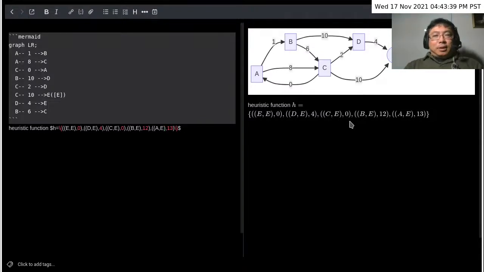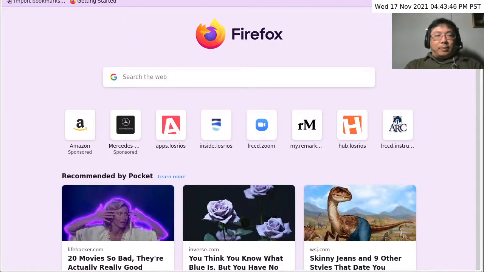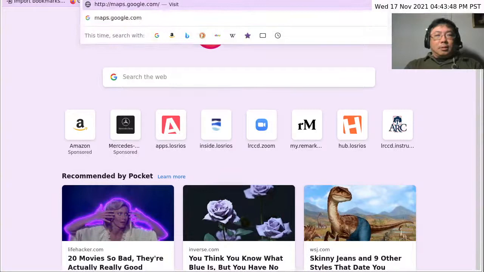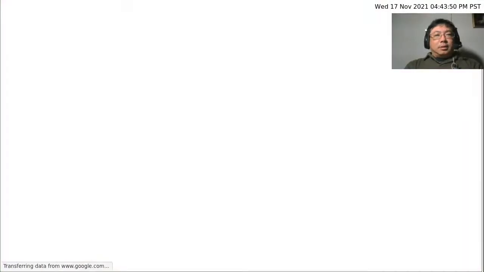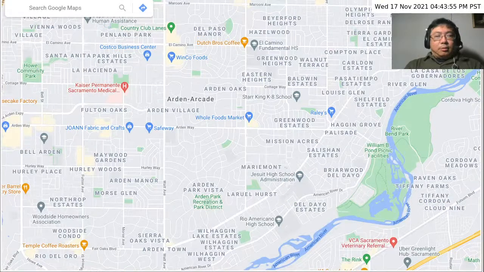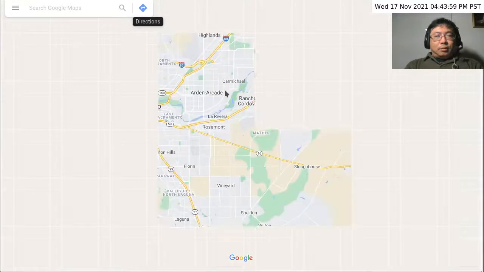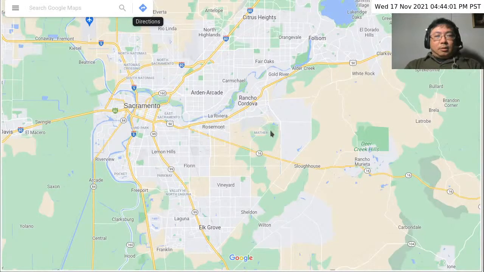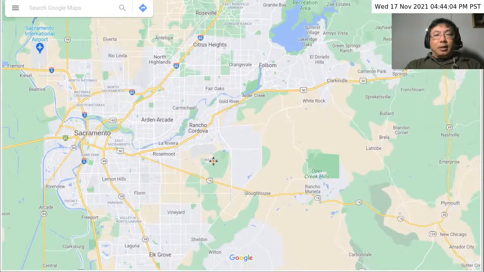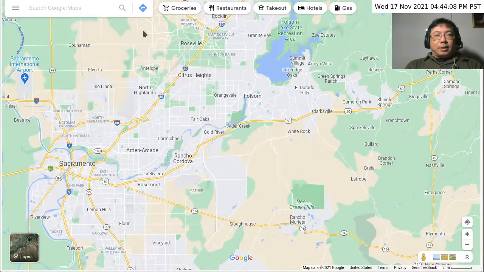In order to give you that example, let me see if I can go to Google Maps. Excellent. So here we have Google Maps, and we want to set an origin, where we start, and also specify a destination, which is where we want to be.